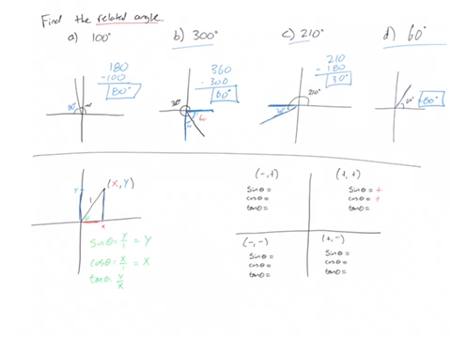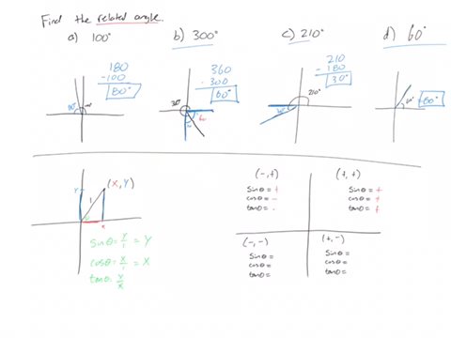And the value of tangent is going to be y over x, which is positive over positive, so this is going to be positive. As I move across the line, sine is the y value, so it's going to be positive. Cosine is the x value, so it's going to be negative. And tangent is going to be the y value divided by the x value, which is positive over negative, which is going to come out to be negative.